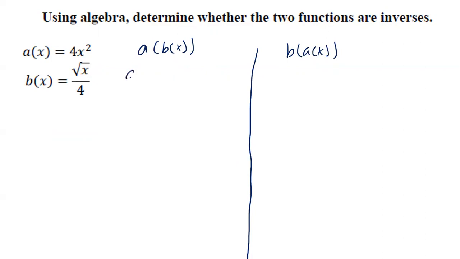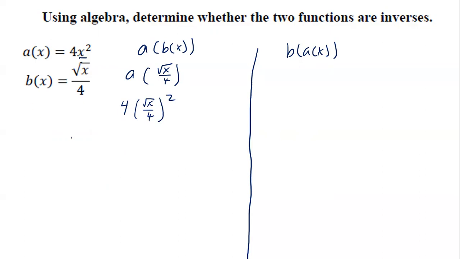So it's going to be a composed of square root of x over 4. Everywhere there's an x, I'm going to put square root of x over 4. So we have 4 parentheses square root of x over 4 squared.